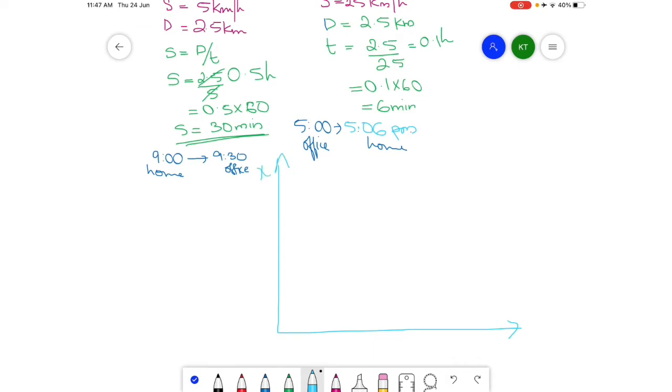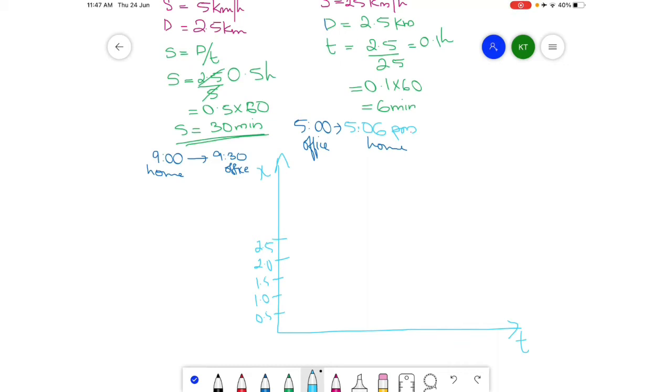Suppose the y-axis gives us the position, and this will talk about the time. So this is 2.5 km. So let's just take it as 0.5 km, 1 km, 1.5 km, 2 km, 2.5 km.